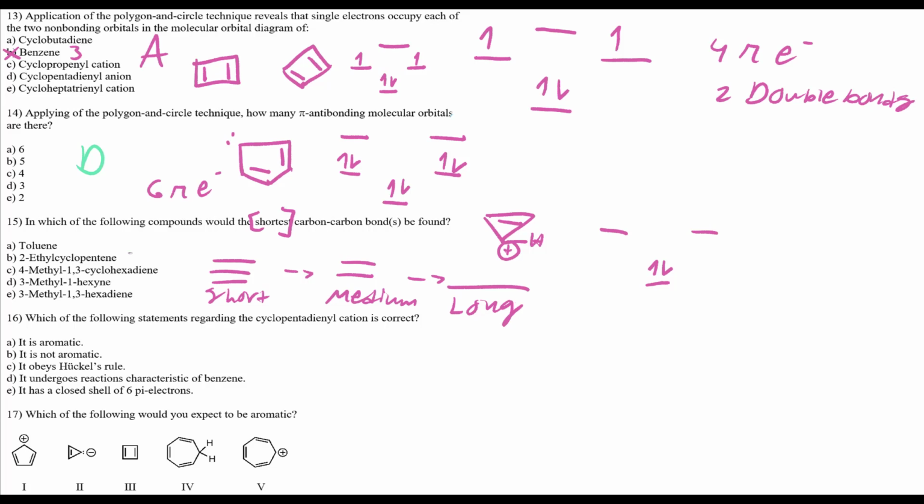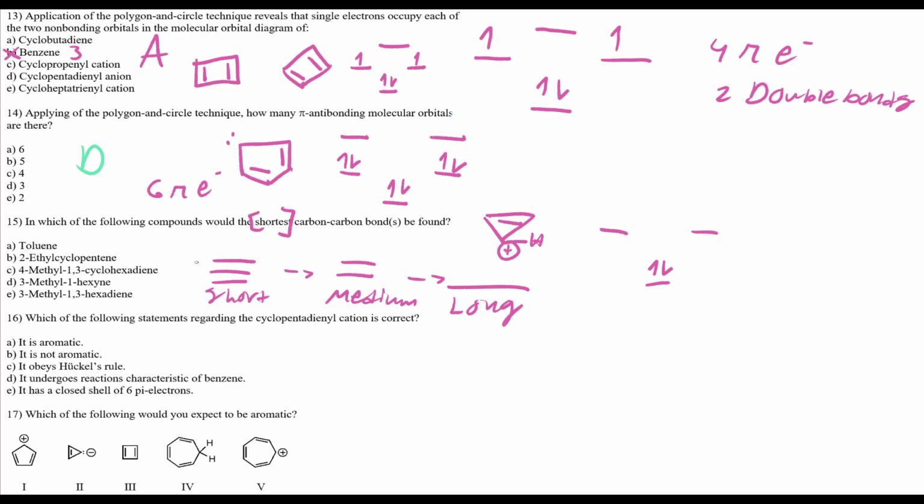So let's see, I'm looking for the shortest one. Well, toluene, well, that has double bonds. That's okay. Ethylcyclopentene. Pentene means that it's a double bond. Okay, well, again, we have a diene, double bond, but now we have a hexyne. Hexyne is 3 of a kind. And 3 of a kind means that it's a triple bond.